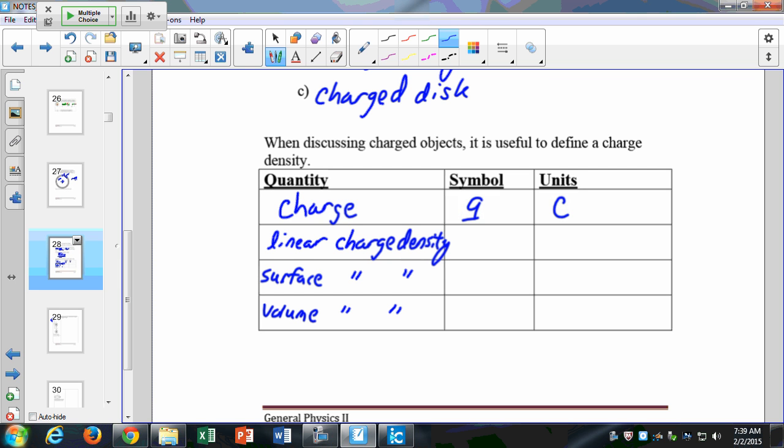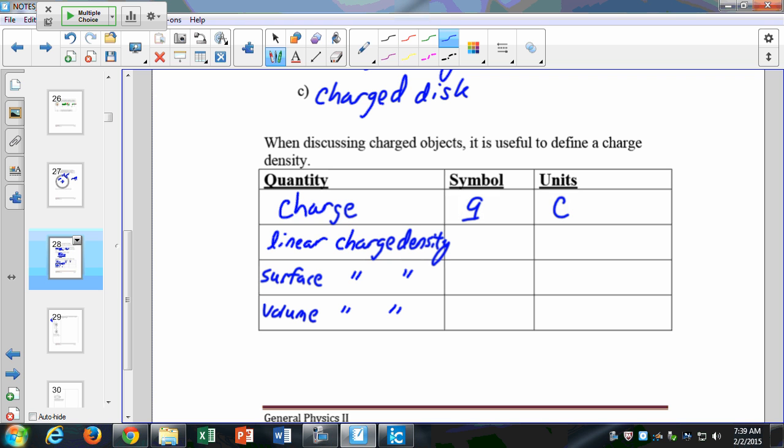The surface charge density will be how many units of charge per unit what? Not length, but what's the next step? So I want to know how many units of charge along a certain length of material, or along a surface, then it's going to be units of charge for what? Per area, or meters squared, right? And then volume will be our meters cubed, right?